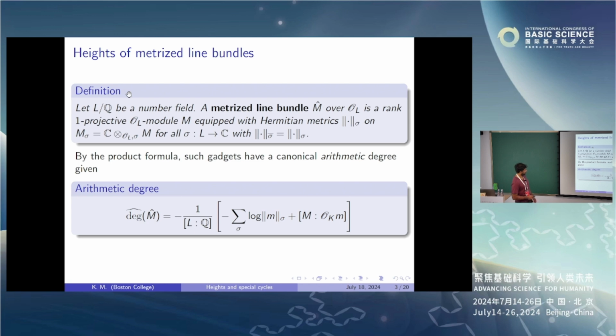Namely, you can associate a degree to it. In the theory of Riemann surfaces, a very important fact is that if you have a line bundle on a projective Riemann surface, you can associate a degree with it.